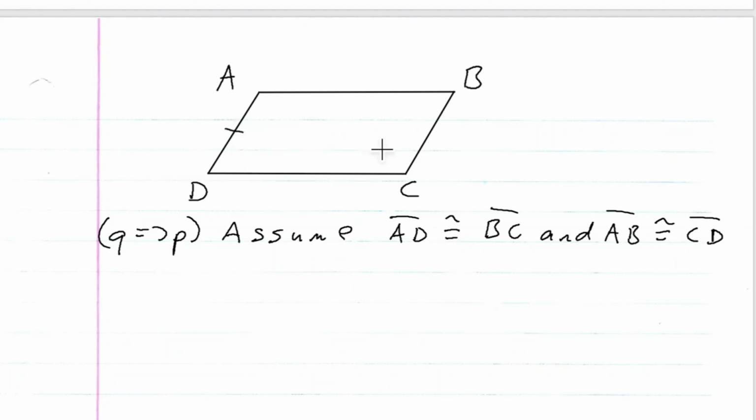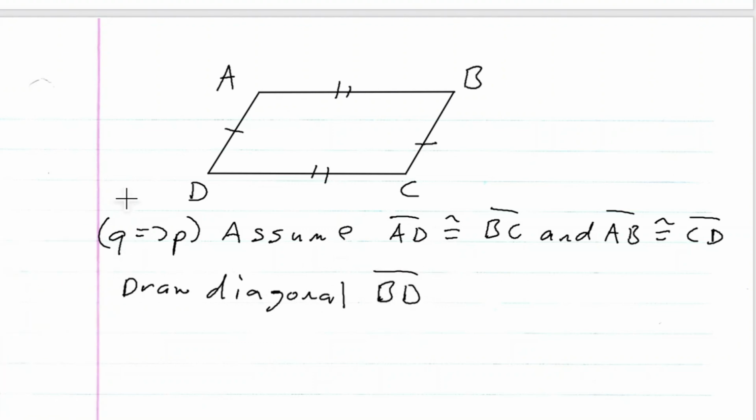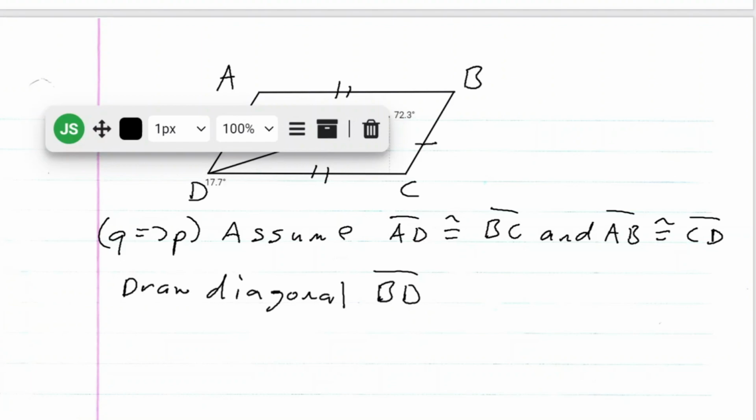So we have this is congruent to this, and this is congruent to this. So like last time, we're going to draw diagonal BD.